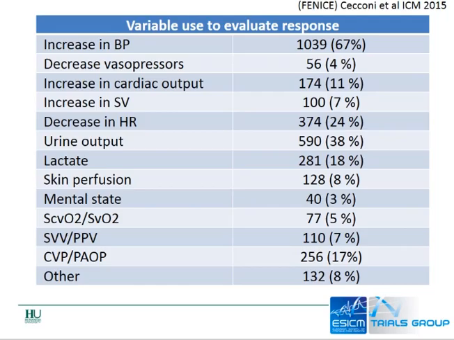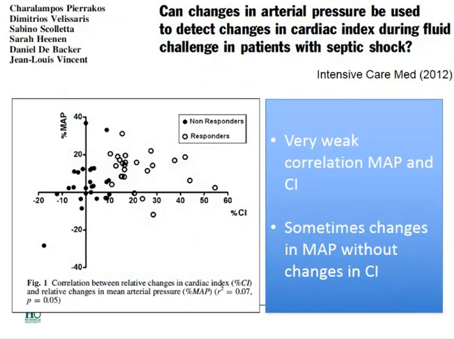But what we know is that that relationship is not really maintained when you are in shock states and maybe you have noradrenaline running. So that relationship is not something that we can really follow. And it means that if I just look at mean arterial pressure changes, for instance, during a fluid bolus, I may be completely blind to patients that had an increase in cardiac output, but they vasodilated a little bit, they redistribute that volume, and the blood pressure does not change.